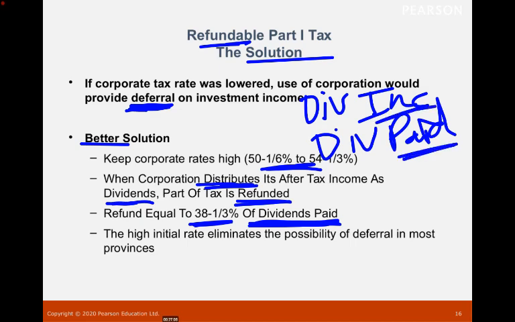Those have two different treatments, so we have to recognize that in this whole situation. The dividends paid are irrelevant for what we learned in Chapter 12. But here in Chapter 13, they become relevant because they can create potentially this refund of 38 1/3% of the refundable Part 1 tax.